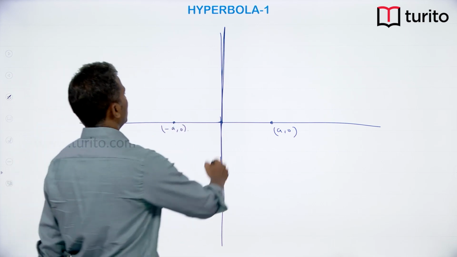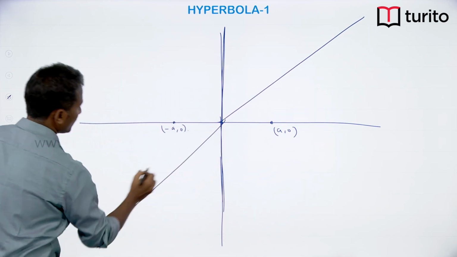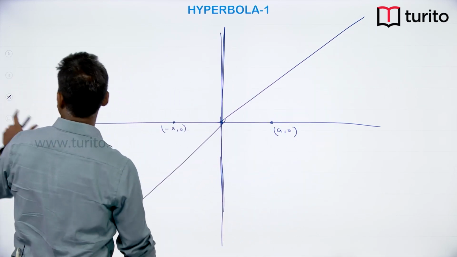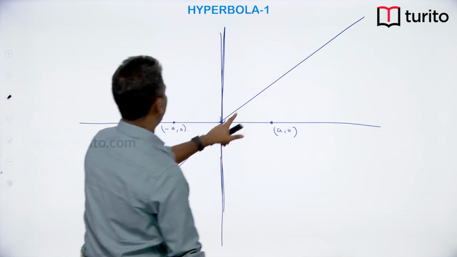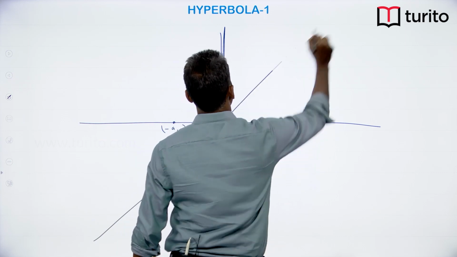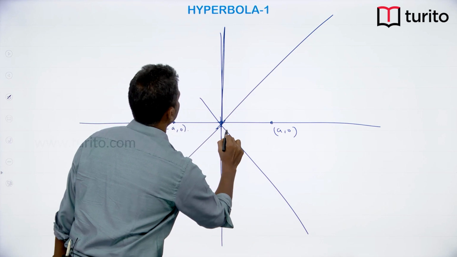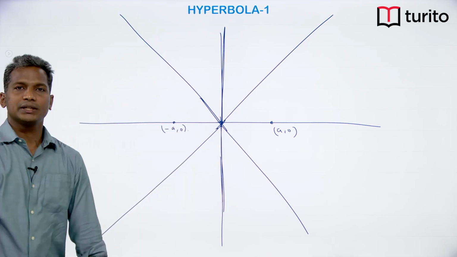And now, let us say I have taken one line here, and let us say I have taken another line here. So, there are two lines.